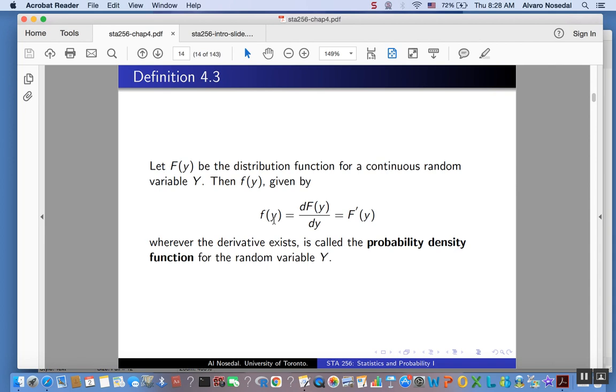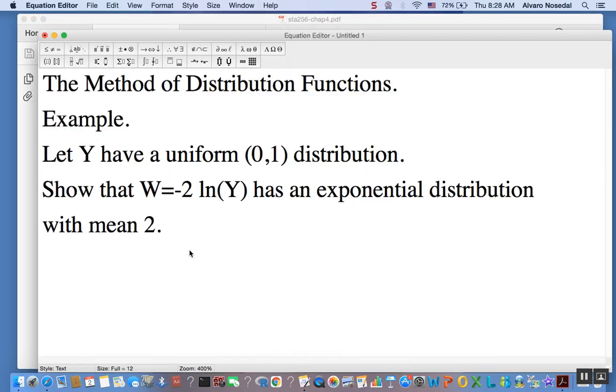What we're going to be doing is finding the CDF, the cumulative distribution function, of that transformation, and once we have it, we are going to take the derivative, and that is going to give us the PDF. And if we're lucky, like in this example, then that PDF will have a form that we're going to be able to recognize.